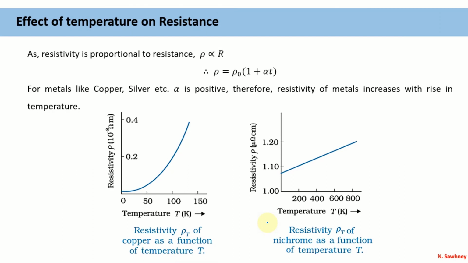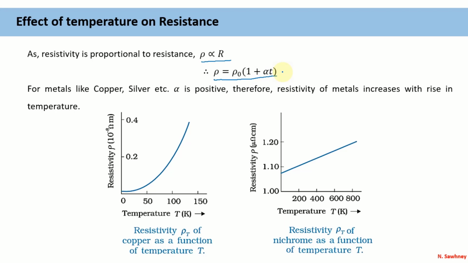Now, we are aware that if we put length and area as 1 each, then resistance is proportional to resistivity. So, putting down the above relationship in terms of resistivity, it will become ρ = ρ₀(1 + αT).